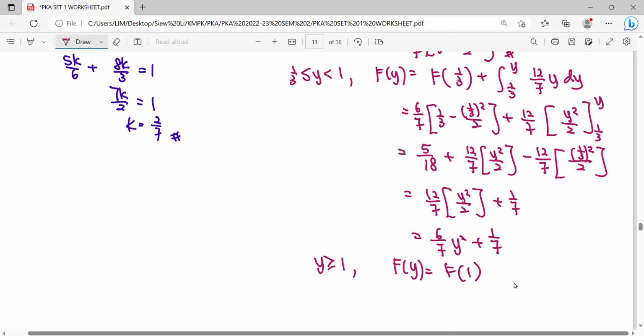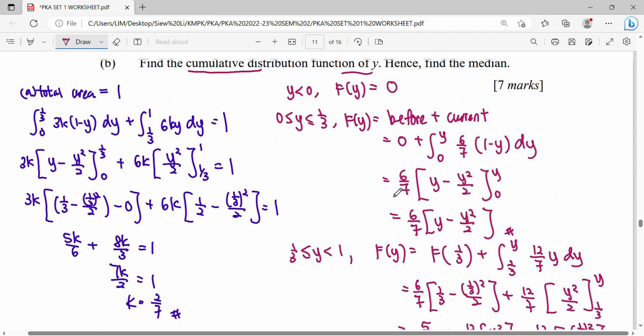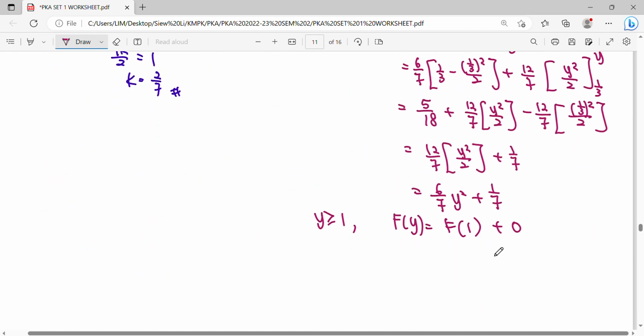Then currently we don't have any function to accumulate. So when we substitute 1 into the previous function, it will be 1 squared plus 1 over 7. So totally we'll get 1.